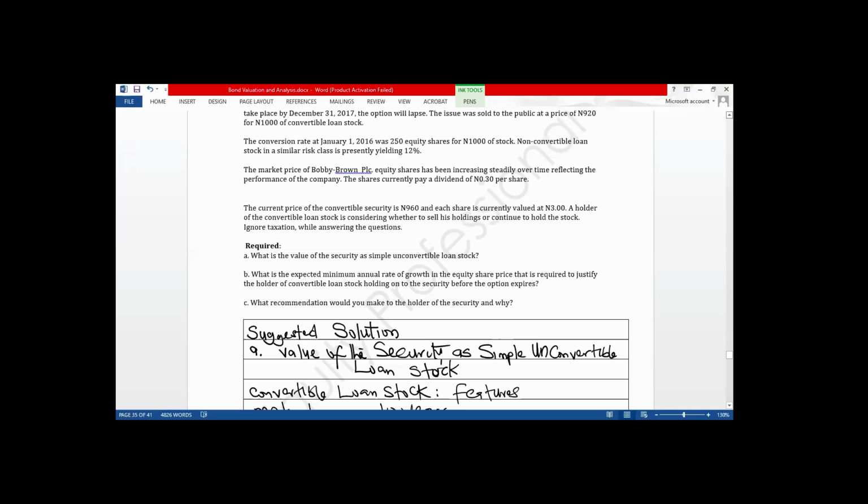Alternative 2, the order can decide to hold the bonds for 2 years. After 2 years, the order will convert it to equity shares. This alternative will only be acceptable if the expected growth rate in share price is equal to or higher than 15%.